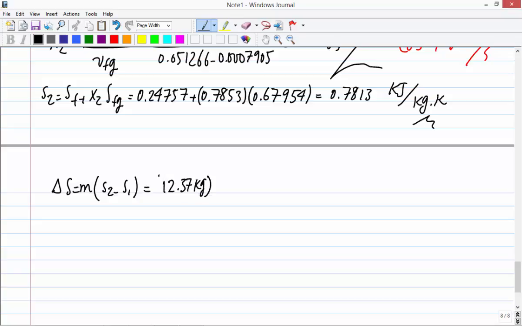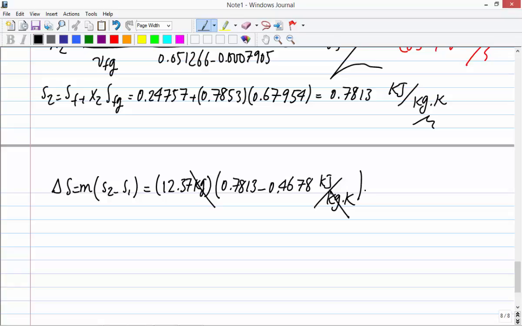37 kilograms times S2, which I just got, minus S1 that I solved before, in kilojoule per kilogram Kelvin.